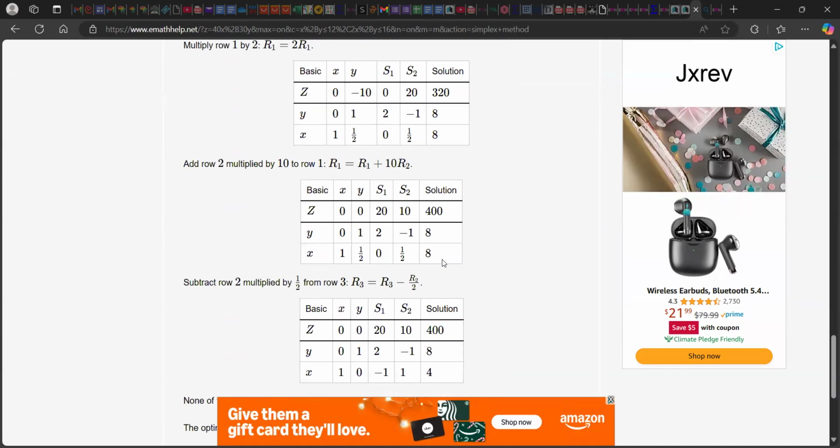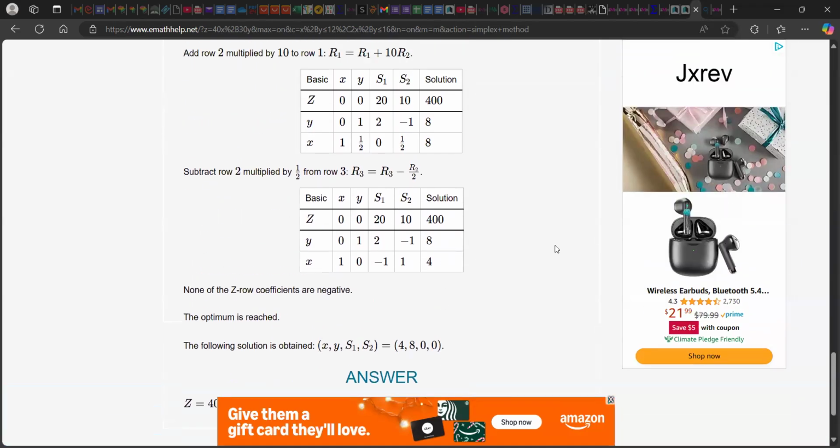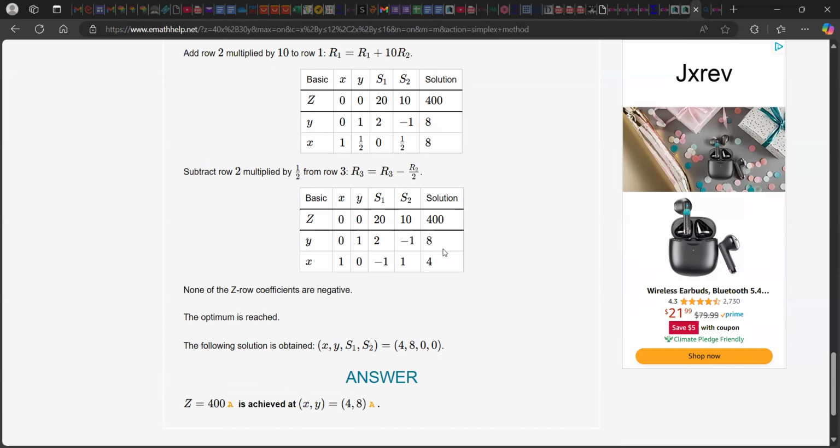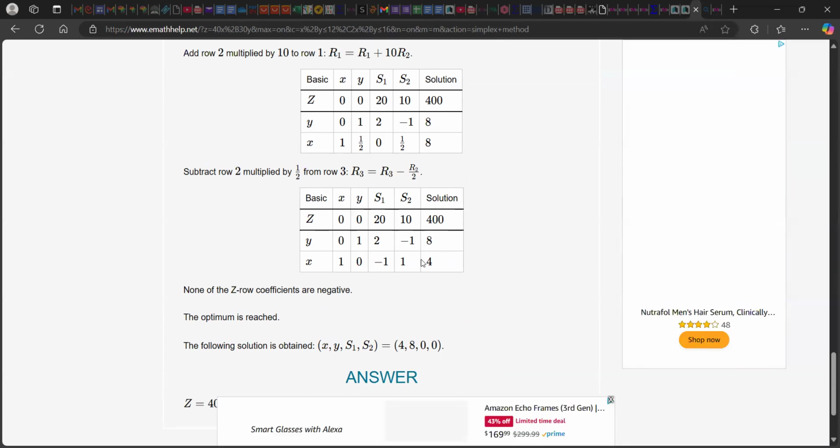Let's scroll down to the solution. So here is your solution. I know the tendency will be to say that your solution is 400, and your x and y values are going to be these. However, I'm telling you, disregard this solution and use these two numbers.